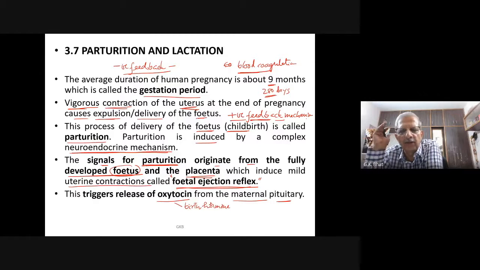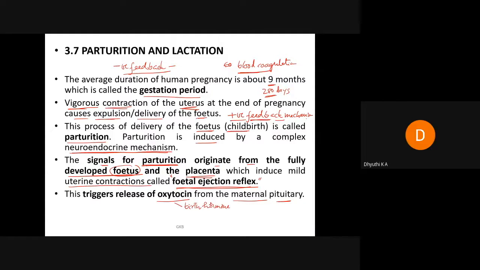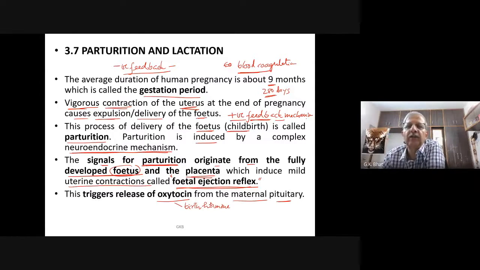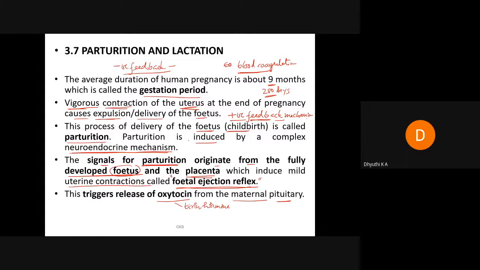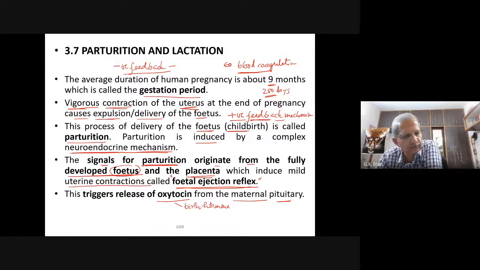It stimulates the brain to release this hormone. When hormone comes, the contraction won't stop further. It increases further. So that is what positive feedback mechanism is. Shall we go ahead? So for positive, blood coagulation is one, and this parturition, childbirth, is the second one. Okay, clear?